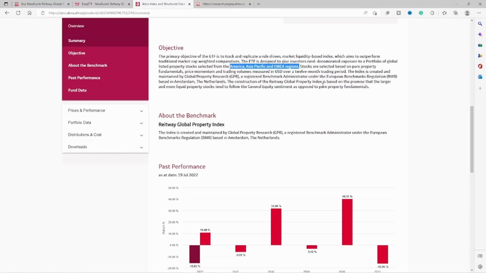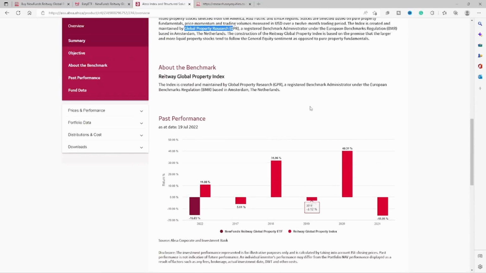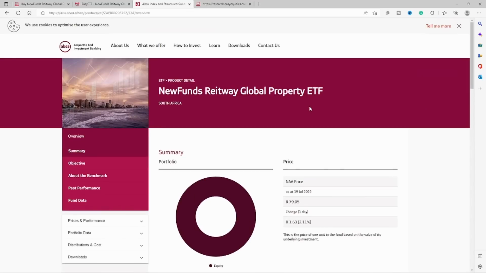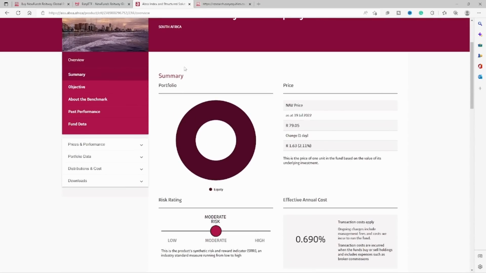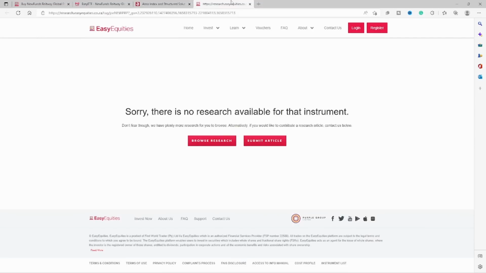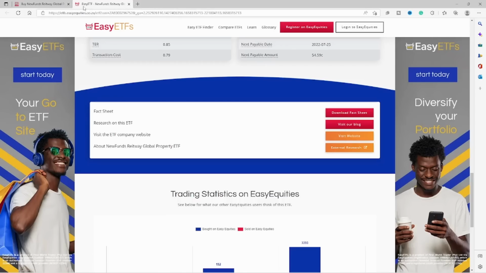The index is created and maintained by Global Property Research, a registered benchmark administrator under the European benchmarks regulation based in Amsterdam, the Netherlands. Okay, so basically it's a property thing. Okay, so let me just see what they're saying here. Okay, they didn't give us information, but it's fine.